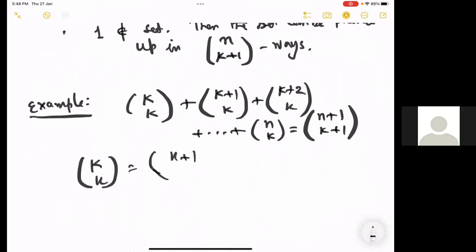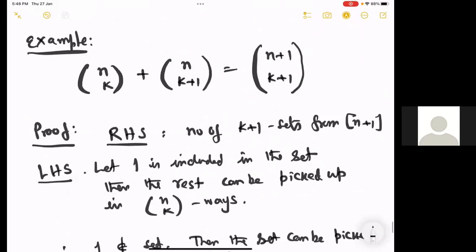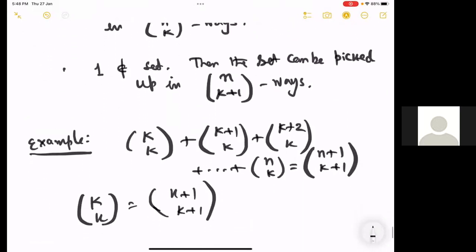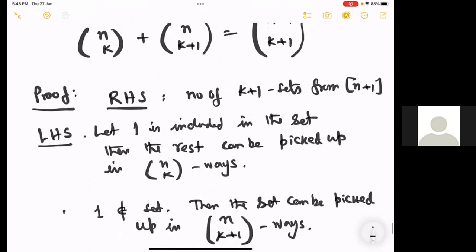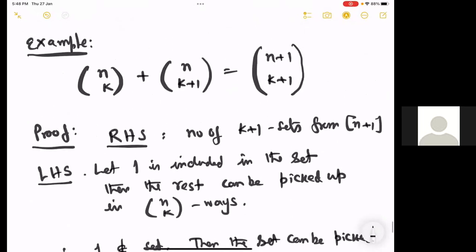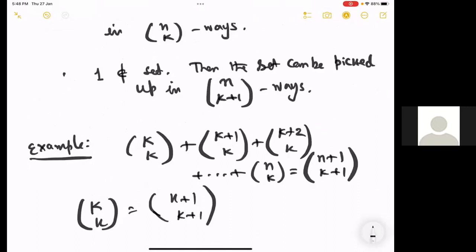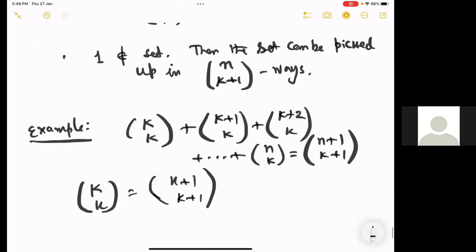Then the first two terms, you can merge one by one. Yes, sir. Then k plus 1 choose k plus 1 plus k plus 1 choose k goes to k plus 2 choose k plus 1. Right. So you can continue like this.